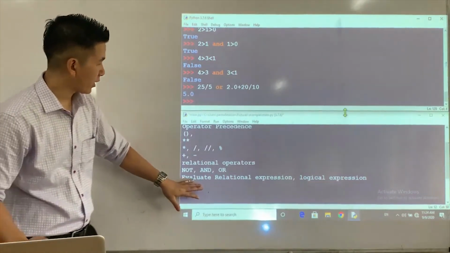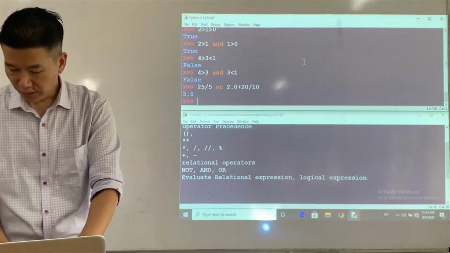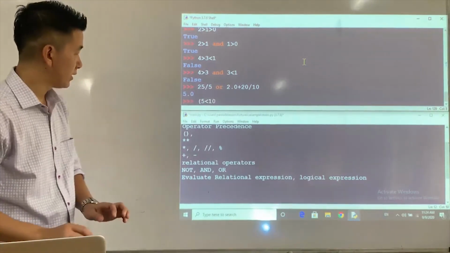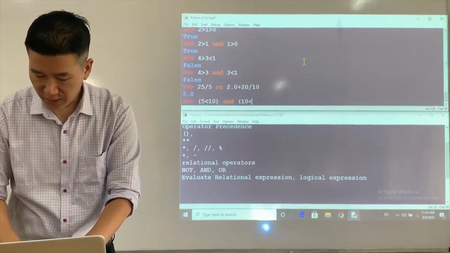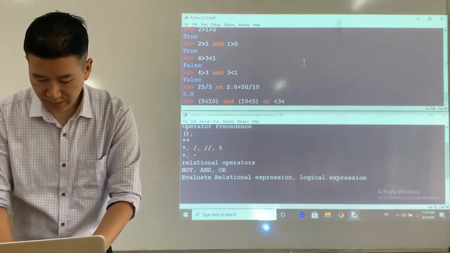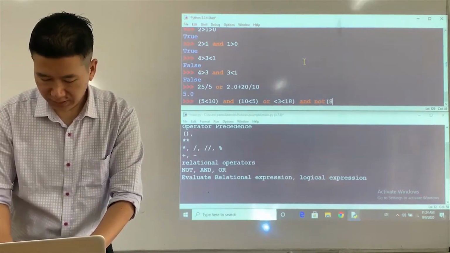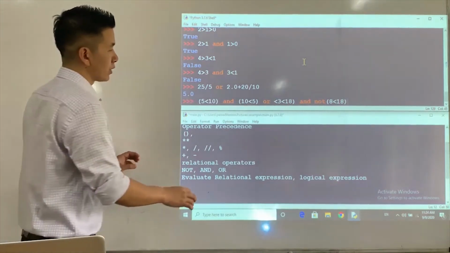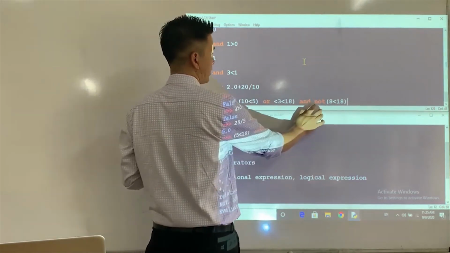Okay, so let's check another example of how to evaluate a logical expression. I've copied the example here: 5 less than 10 and 10 less than 5 or 3 less than 18 and not 8 less than 18. So again, you have a series of logical operators like and, or, and not.